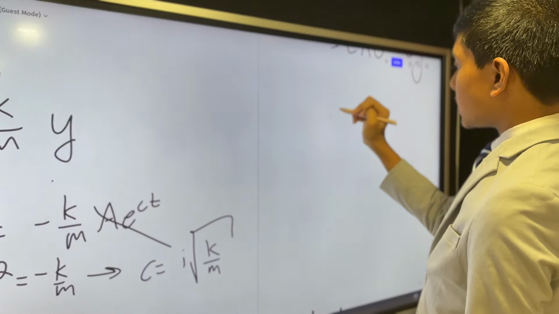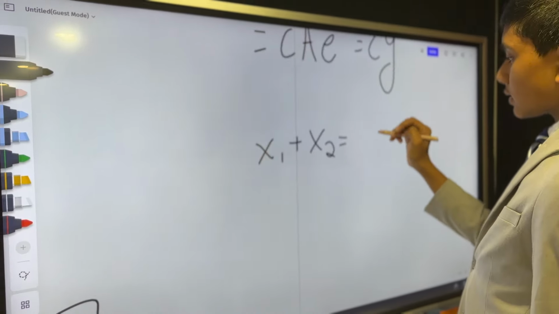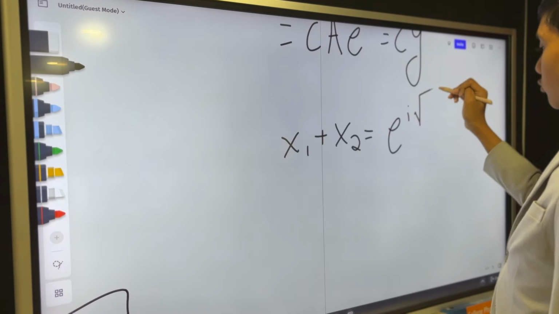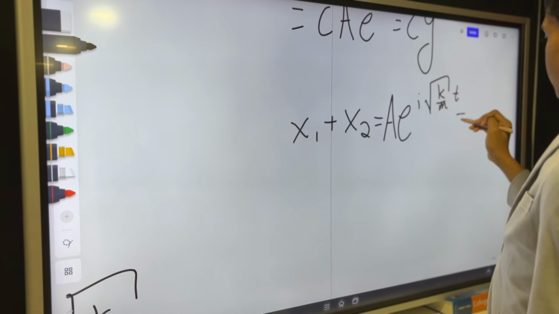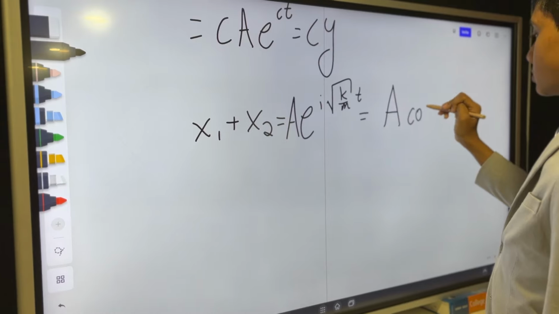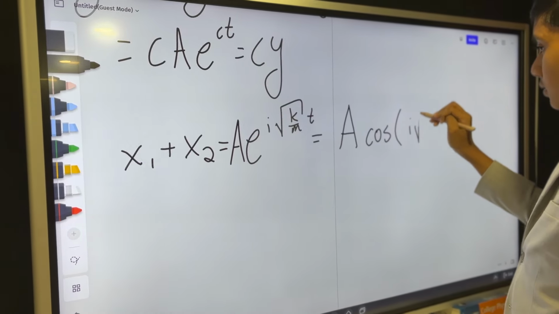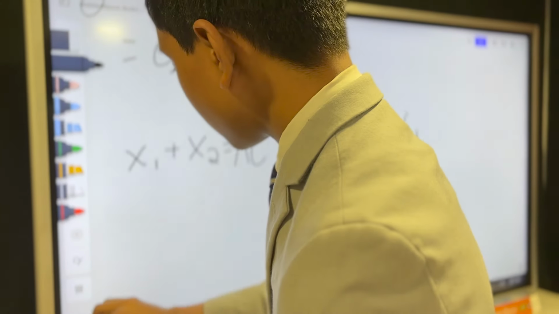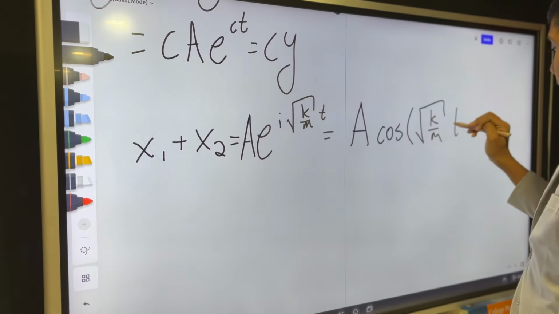Well, our solution for x1 plus x2 is equal to e to the i root k over m t, times the amplitude, of course, which is a times cosine of root k over m t.